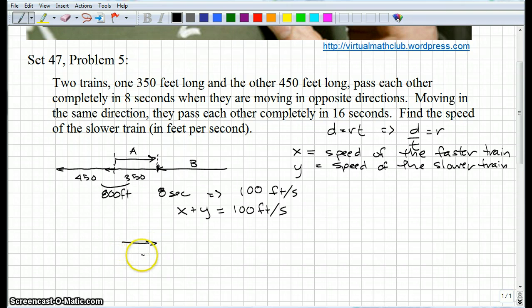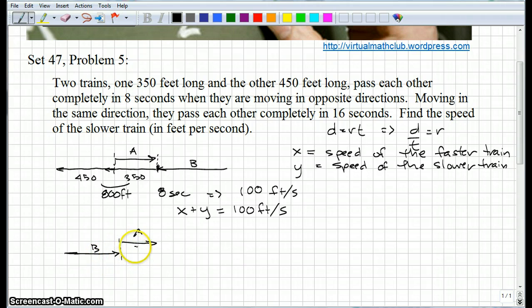All right, so here's train A, and then we also have train B. I could draw it like this, train B, and they're just starting to pass each other here. I should probably draw train B a little longer so that it's the 450-foot train.